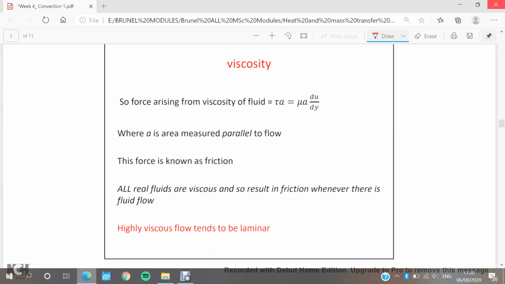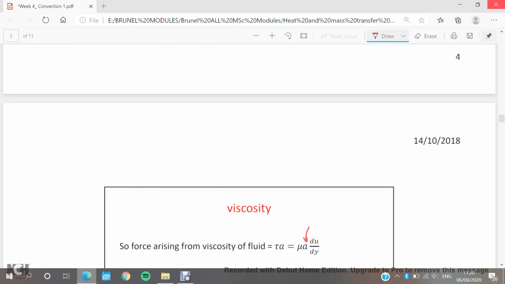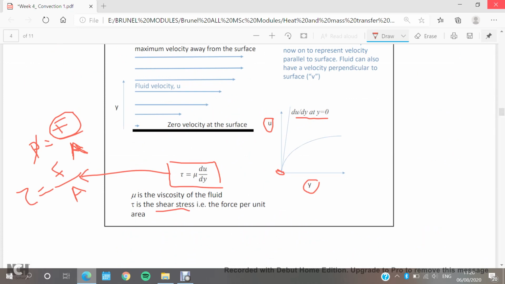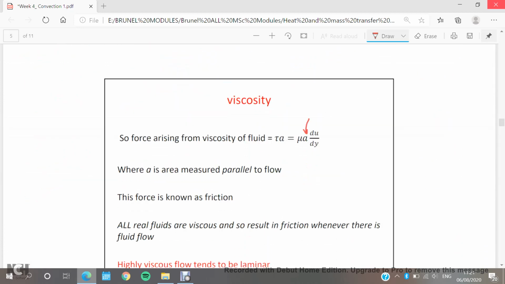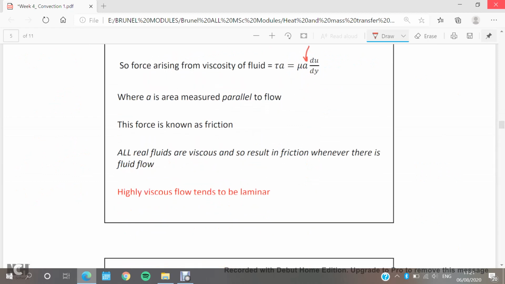If I multiply times a, which is the surface area or the horizontal area of these layers, it will be the shear force. Okay, and as we said, this is parallel to the flow. For example, if I have the surface here like this and the flow in this direction, this is A.